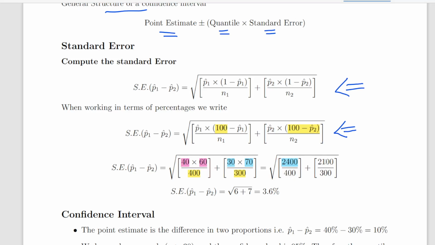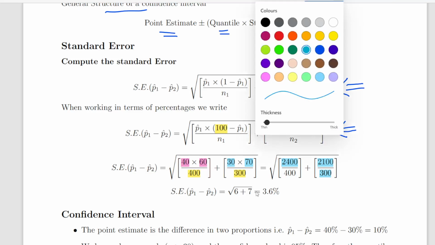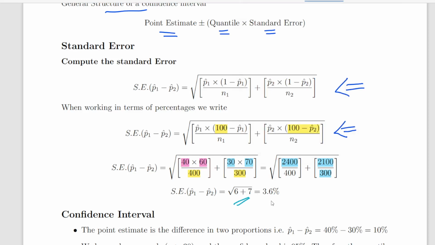And 30 times 70 divided by 300, that is 2,100 divided by 300. So that is 6 plus 7 essentially. 2,400 divided by 400 is 6, and 2,100 divided by 300 is 7. So the standard error is the square root of 6 plus 7, which is great that we picked such nice numbers to work with. That's the square root of 13, which we're going to call 3.6%.